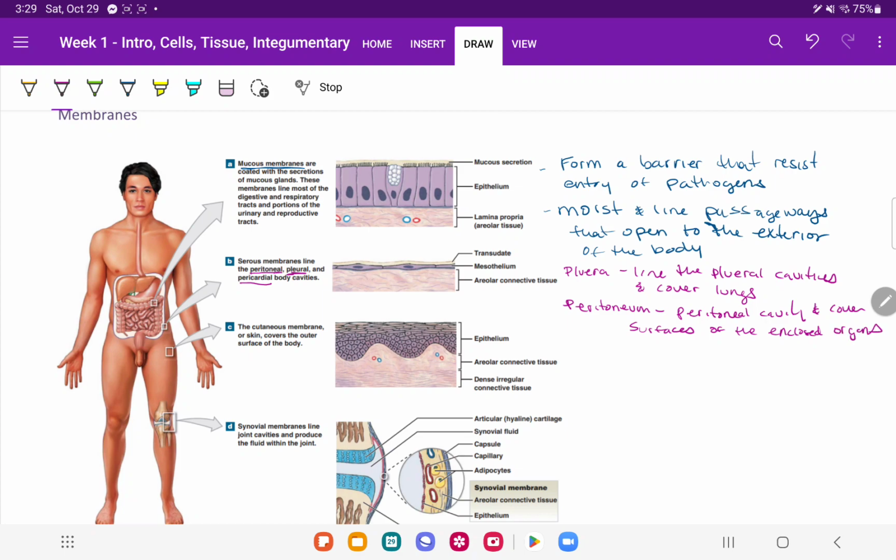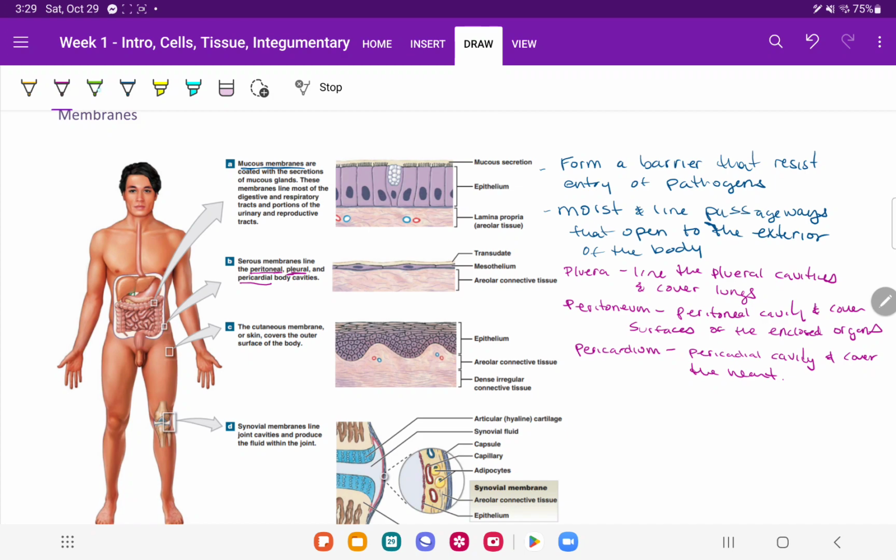We're also going to have the pericardium, and that's going to line the pericardial cavity and cover the heart.